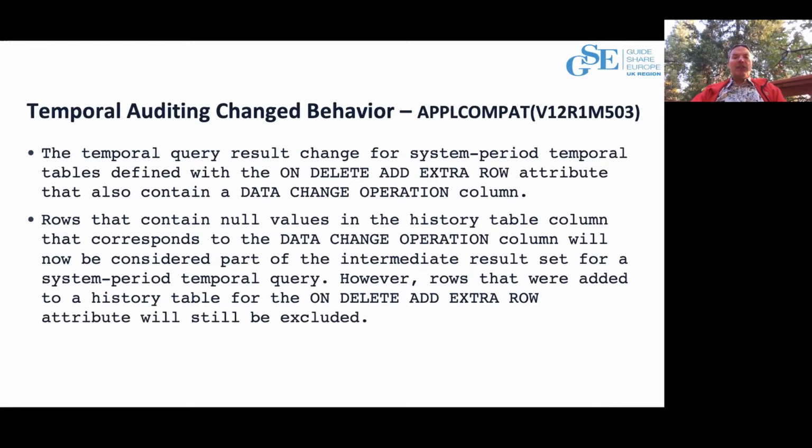So there was a change to temporal auditing. It's really difficult to explain exactly what it is, but I'm going to try here. So in version 11, there was an enhancement done for temporal auditing, and it was done after the release was built. And so you could create some columns that would indicate what had happened.